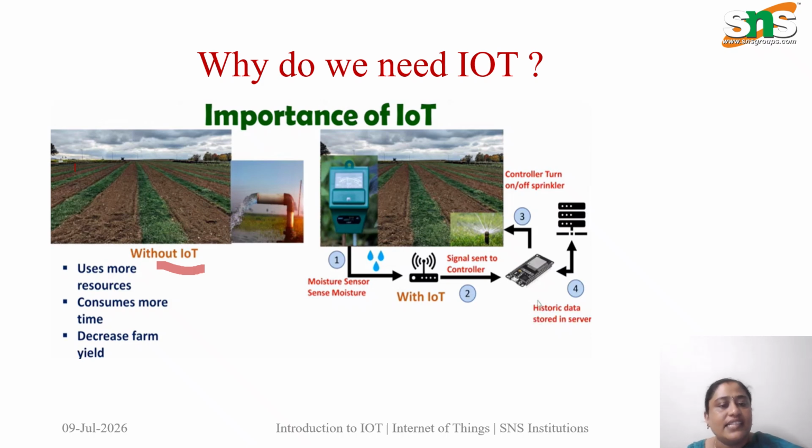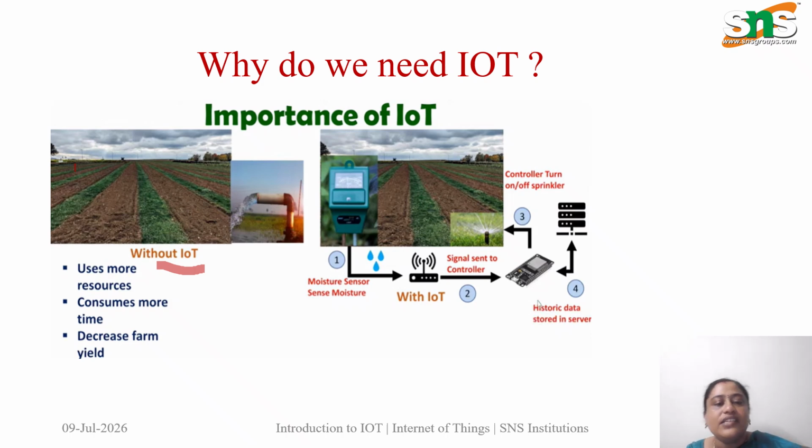All these things should be manually checked, so the human intervention is more in this farmland. If the soil does not have the adequate amount of water, then he has to switch on the motor, and then switch it off when it reaches the water level.